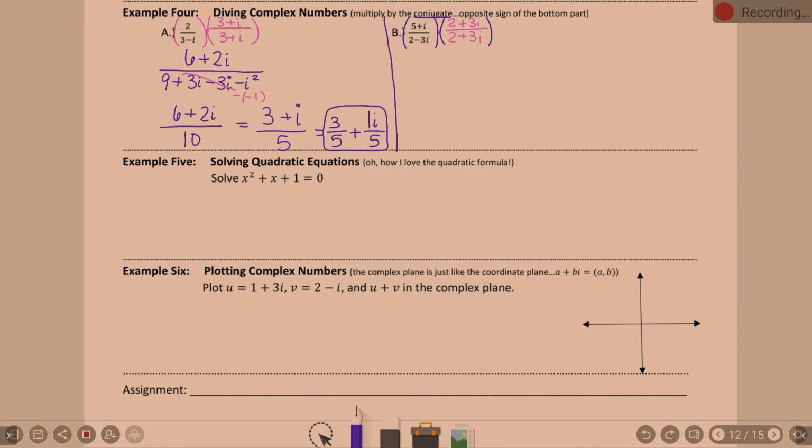FOIL away. 5 times 2, 10 plus 15i plus 2i plus 3i squared.